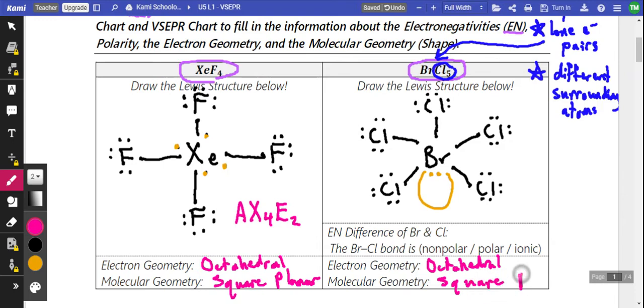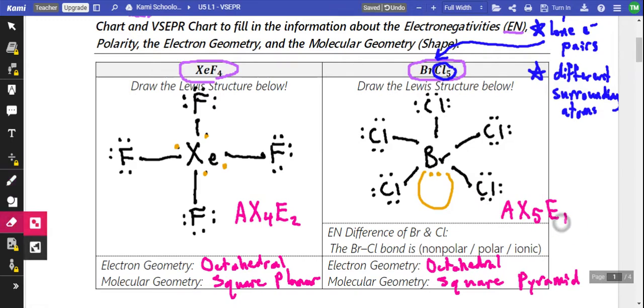Again, you can look that up with its AX code. We have a central atom A, 5 bonded atoms, so X5, and an E1 for 1 lone pair of electrons, or it might just be AX5E on your VSEPR chart. That's how we get this octahedral and square pyramid.